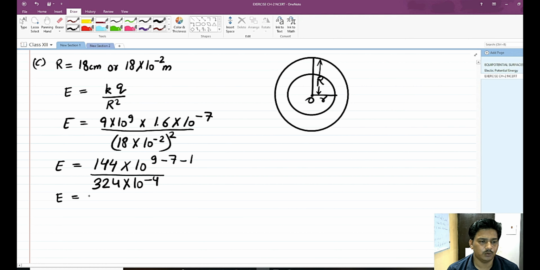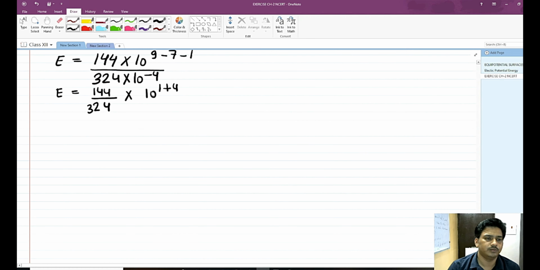Now E is equal to 144 divided by 324, multiply by 10 to the power 7, minus 7 and minus 1 is minus 8. So 9 minus 8 is 1, minus 4. When moved to the numerator it will be plus 4. Now E is equal to 144 divided by 324 into 10 to the power 5.